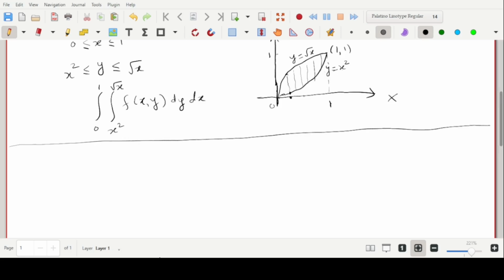So again I will not write the question: change the order of integration. So it is 0 to a. A is some arbitrary constant. We shall assume that it's a positive constant for the sake of simplicity.